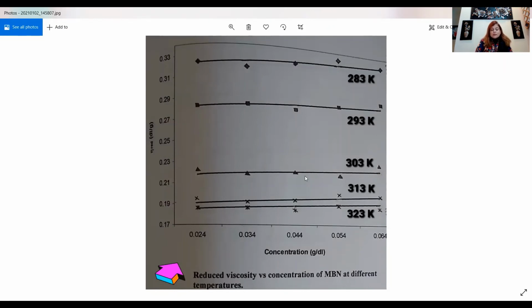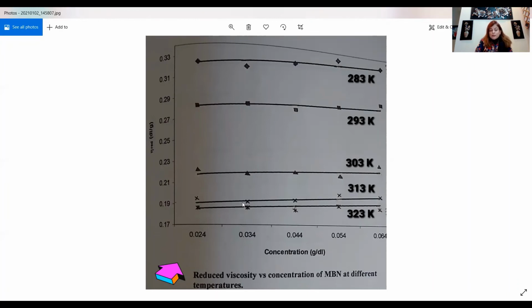As the concentration of the solution is increased above zero, the intermolecular forces come into play, and these attractive forces between the molecules increase with the increase in concentration. The result is an increase in the viscosity, right?